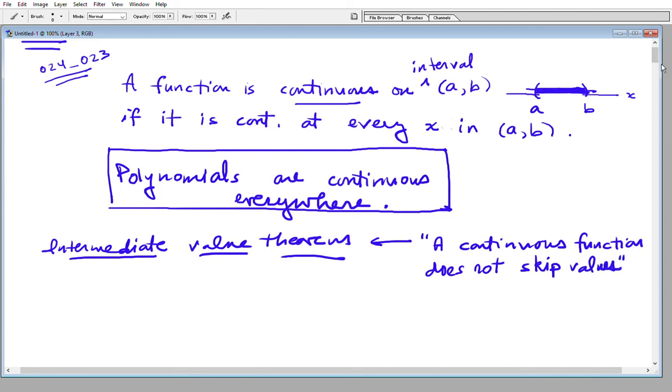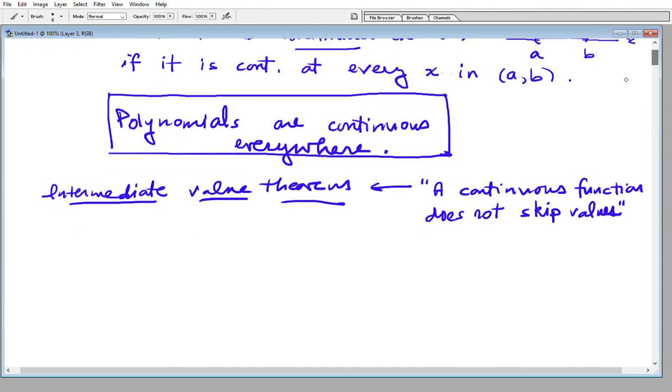That's just an imprecise way of thinking about the intermediate value theorem, that a continuous function doesn't skip over a value. So the example I'd like to start with is a continuous process, which is how children grow in height.